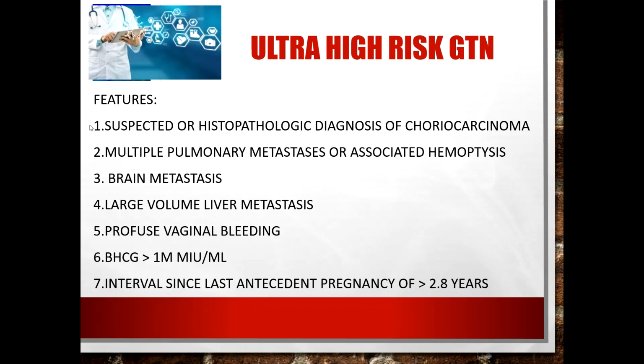Suspected or histopathologic diagnosis of choriocarcinoma, multiple pulmonary metastasis or associated hemoptysis, brain metastasis, large volume liver metastasis, profuse vaginal bleeding, beta-HCG of more than 1 million, and an interval since the last antecedent pregnancy of more than 2.8 years.